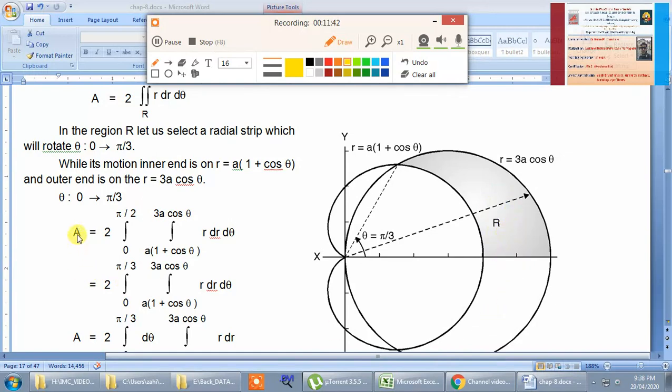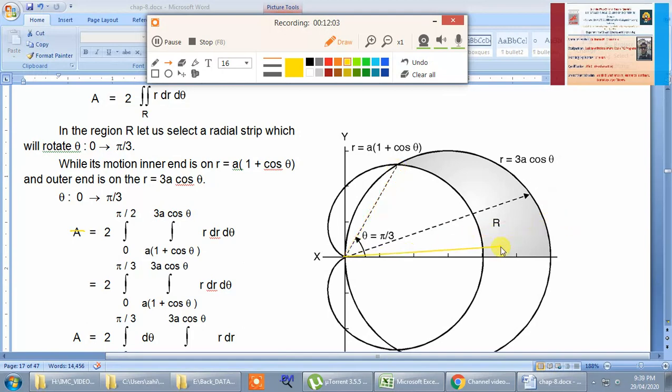So the required area is 2 times the double integration over the region R. And what are the limits of the double integration? Let me take a radial strip. This radial strip will move from theta equal to 0 up to theta equal to pi by 3.